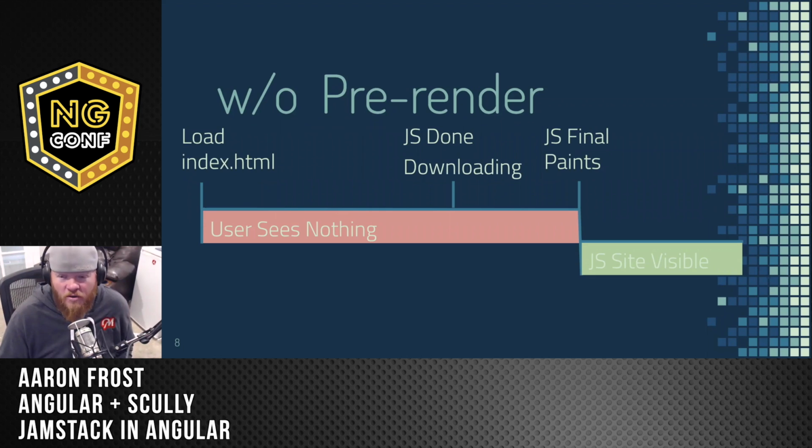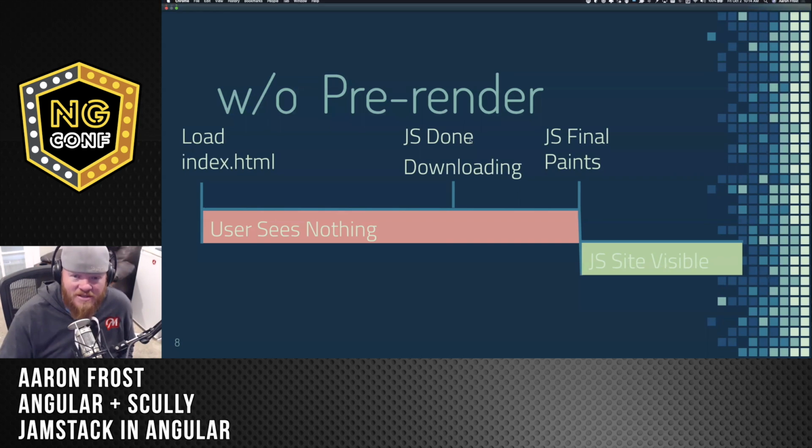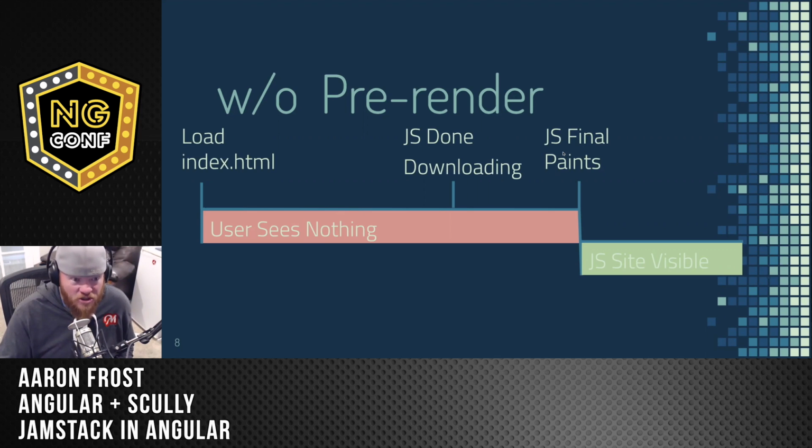So this is what your users experience without pre-rendering. They get your index.html, and then their browser processes that index.html, and it starts to download your JavaScript, and the CSS is also downloading, and then the JavaScript finally downloads and starts its initial paint, right?